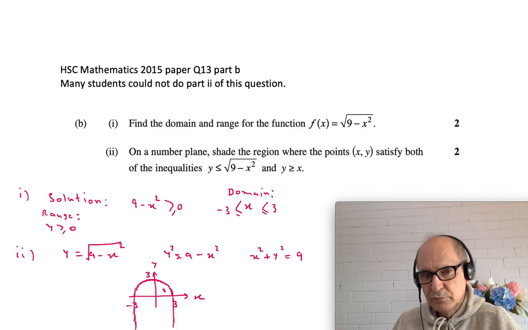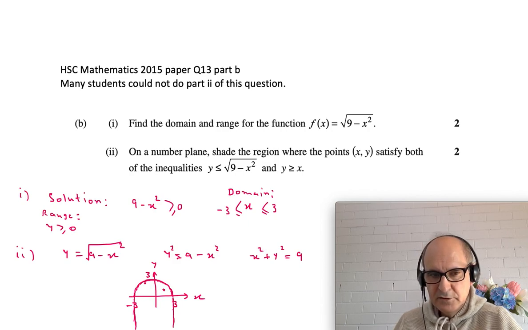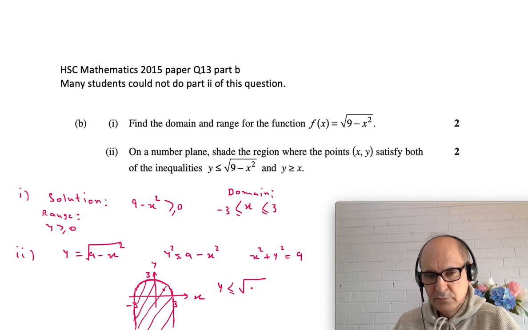So y already was less than square root of 9 minus x squared here, so it will be less than that also as we go down. So that region, if I shade, will satisfy y less than or equal to square root of 9 minus x squared.